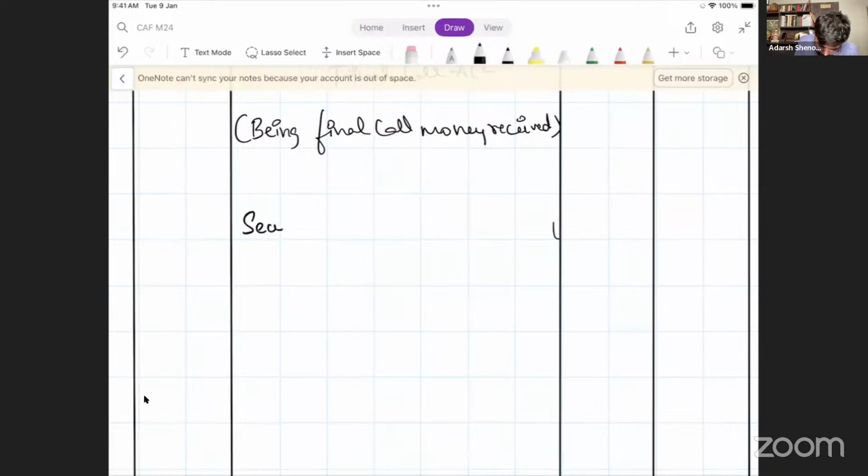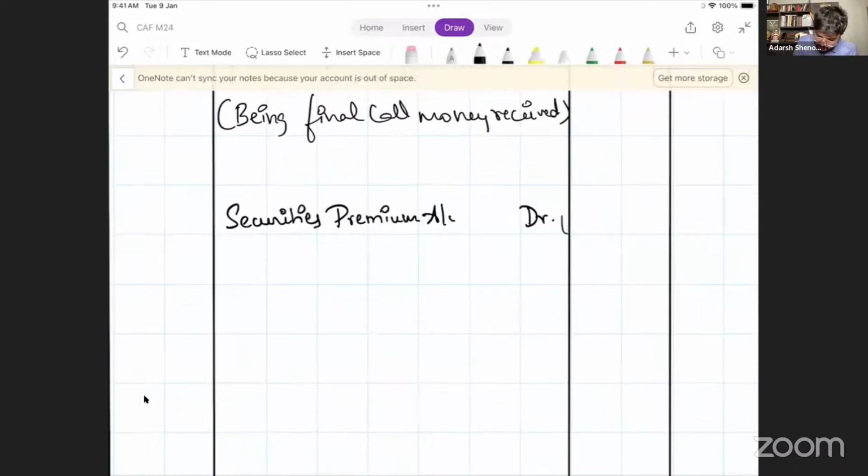So securities premium account debit. How much is the securities premium account? I think it was 20,000. Then general reserve account debit 1,60,000.